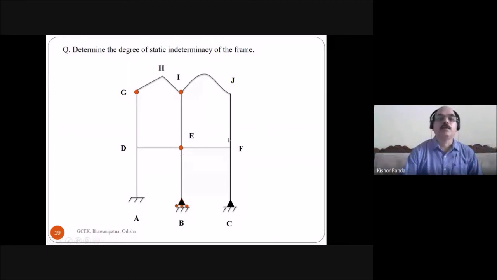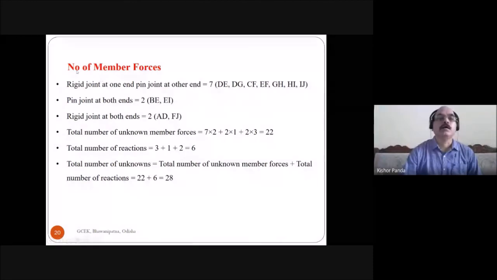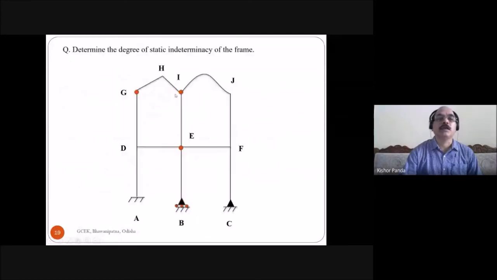Then you find out the degree of static indeterminacy. First you find out the number of member forces. First take rigid joint at one end and pin joint at other end. Here you see how many members are present with a rigid joint at one end and pin joint at the other end.